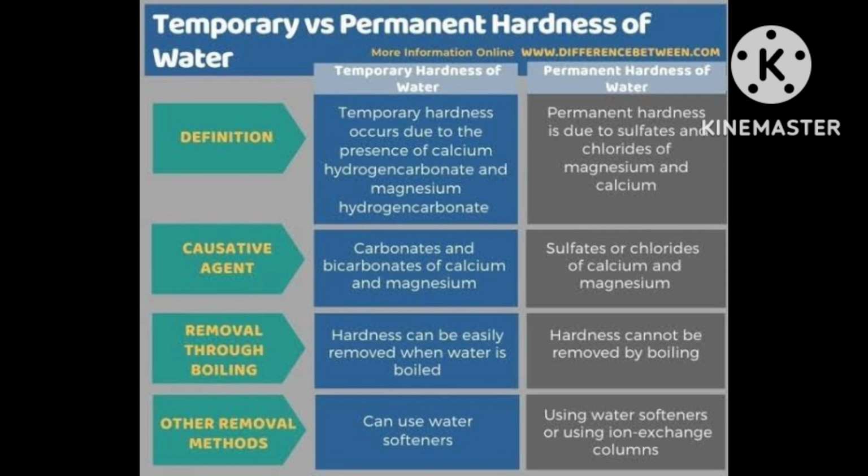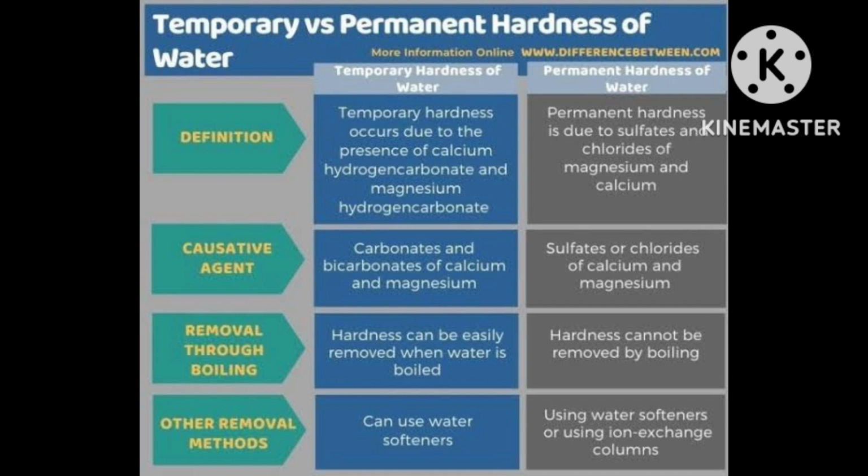Rainwater is almost pure. May contain some dissolved gases from the atmosphere, but it is almost pure. While coming to the earth, some gases present in the atmosphere may be absorbed, but that is negligible.